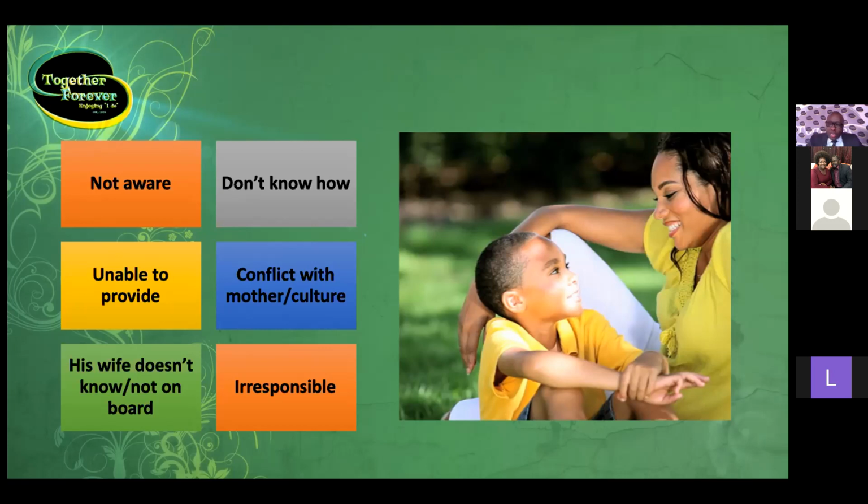So sometimes we have absent fathers, and they come in different stripes. Sometimes absent father is not a justifiable label, because if you're not aware of the child, it's not justifiable to call you an absent father. If you are an absent father because of a conflict, you're not justifiably an absent father. You had one opportunity to do so, to be a father, but you're afraid because you first need to tell your wife.